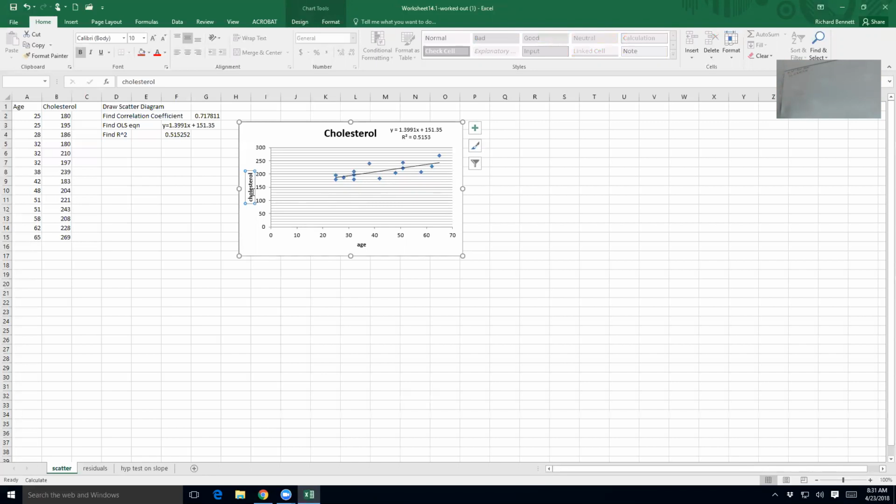Okay, so the formula we're going to give you is y hat plus or minus t sub alpha over 2 times s sub e times the square root of 1 over n plus x star minus x bar squared, divided by the sum of the xi minus x bar squared, which we found previously in our last lecture.